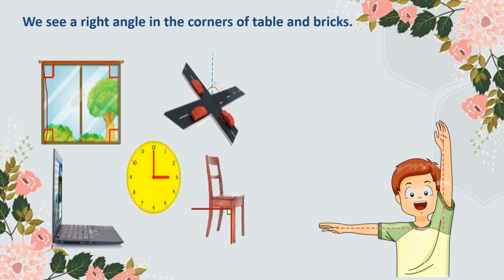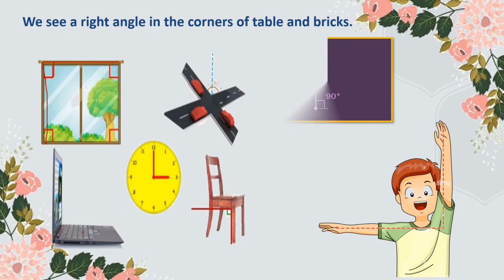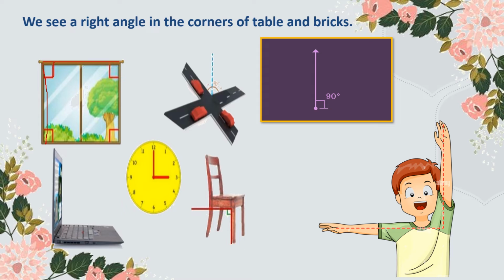This type of angle where they form a 90 degree angle is called a right angle. Okay, what is it called? It is called a right angle. If you have a look at this laptop, here is one line and this is the other line where they are meeting. This point where they meet forms an angle, and if you measure this angle, it is 90 degrees. So this type of angle is called a right angle.